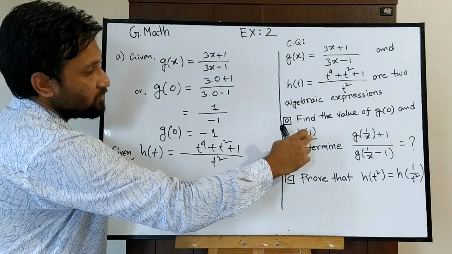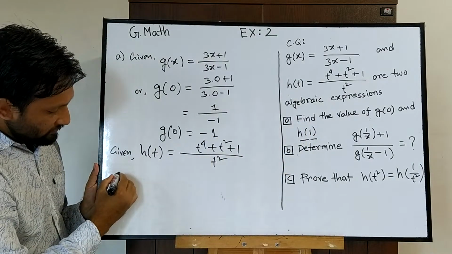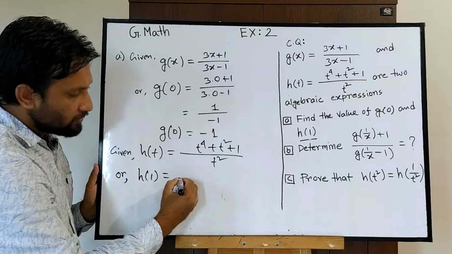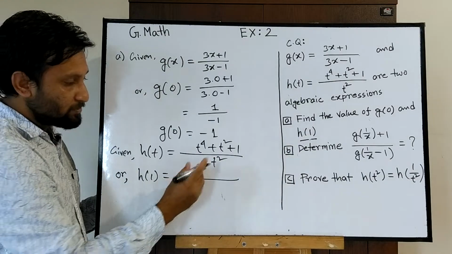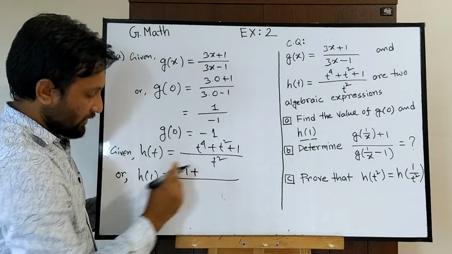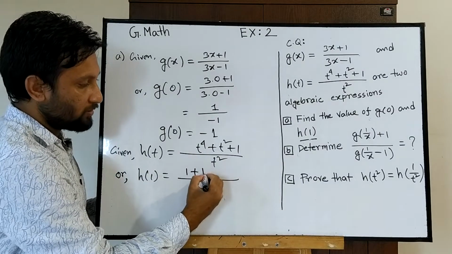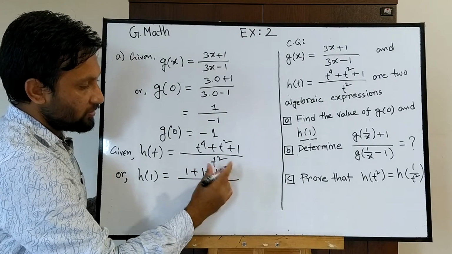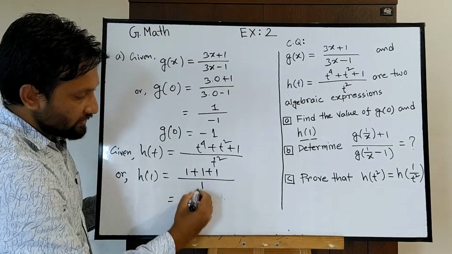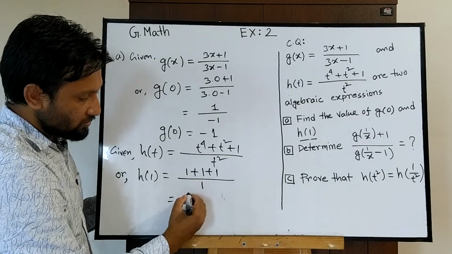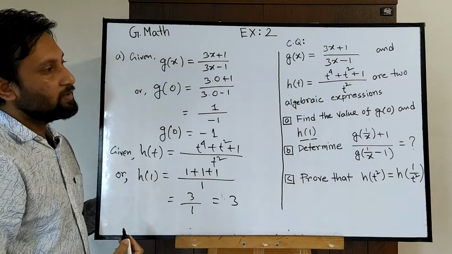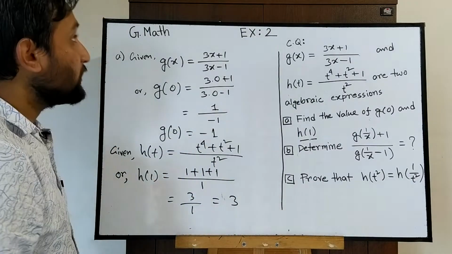Then t is replaced by 1, then we will get h of 1. h of 1 equals 1 to the power 4, so 1, plus t square replaced by 1, 1 square, 1, plus 1, divided by t square, that means 1 square, so 1. So we can write 1 plus 1 plus 1, that means 3 divided by 1 equals 3. This is the answer. Now B.